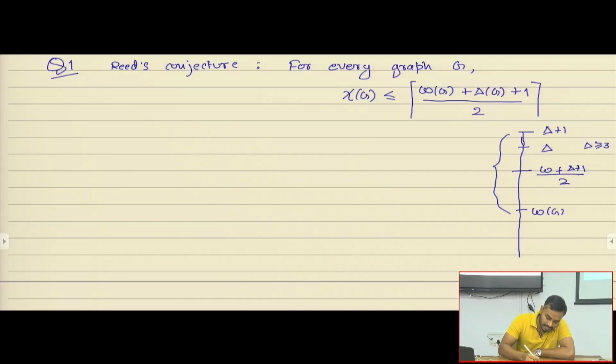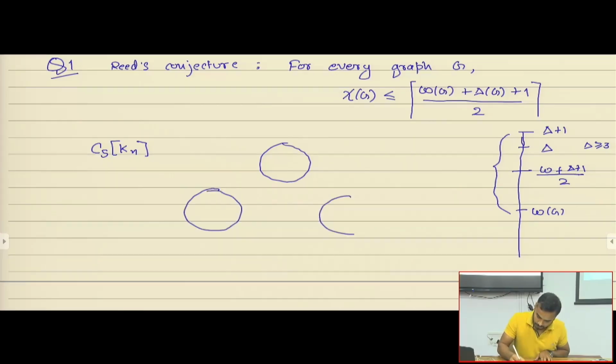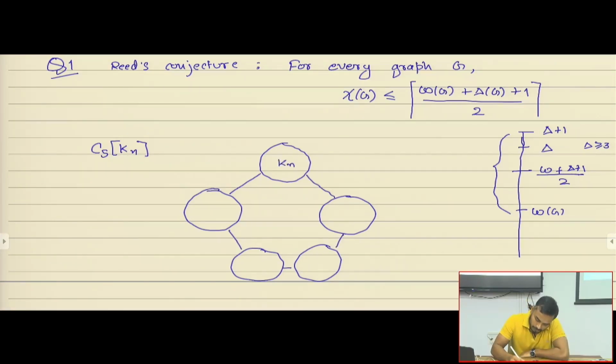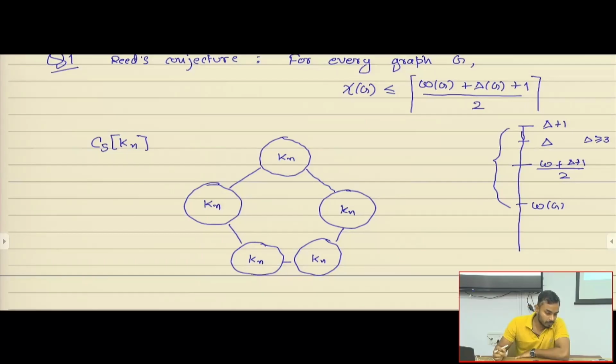Basically, I am drawing the graph C5, and this is formed by replacing each vertex with the clique Kn, the complete graph Kn, and this is the lexicographic product of C5 and Kn.